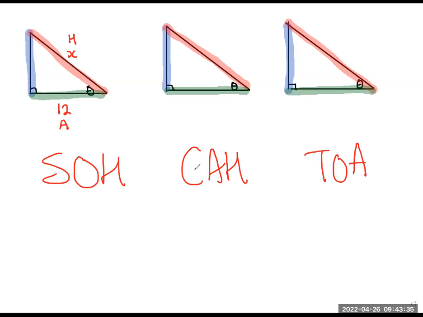Which of these three use A and H both? Yes, that means I need to set up the angle with cosine. So you use the side that you have and the side that you want for the figure, that's SOH CAH TOA.